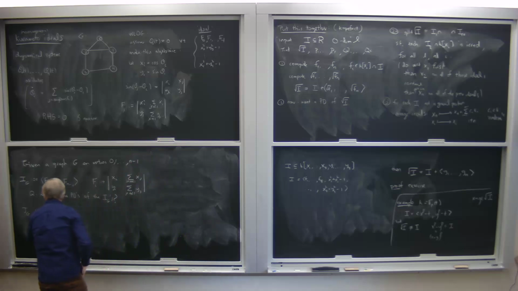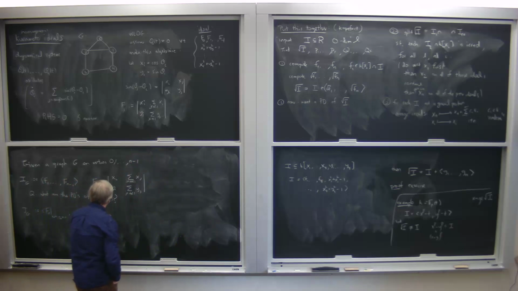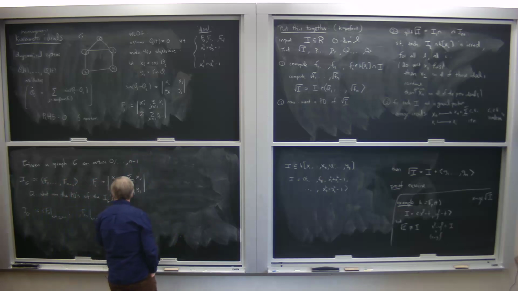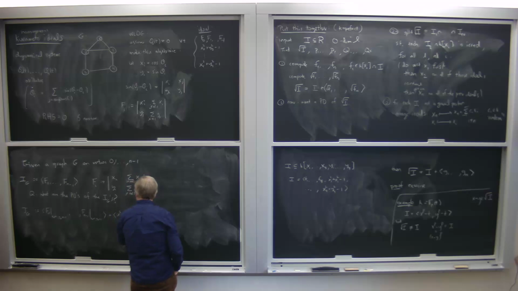So I'm going to set x0 to be 1 and y0 to be 0 in all of the polynomials, and then add in all of the other ones: x1 squared plus y1 squared minus 1, dot dot dot, up to x_{n-1} squared plus y_{n-1} squared minus 1.